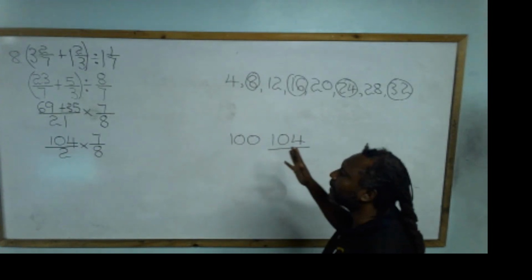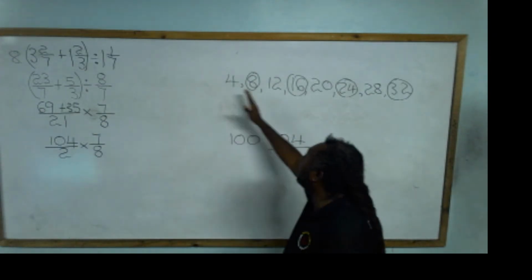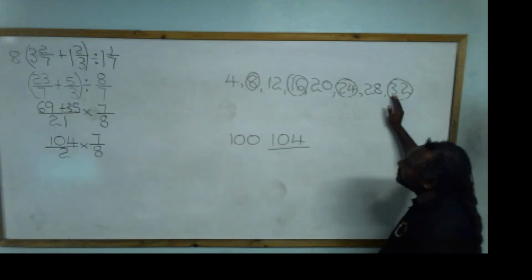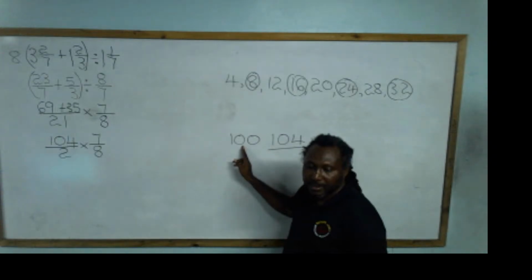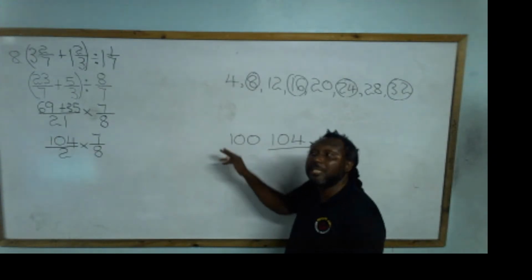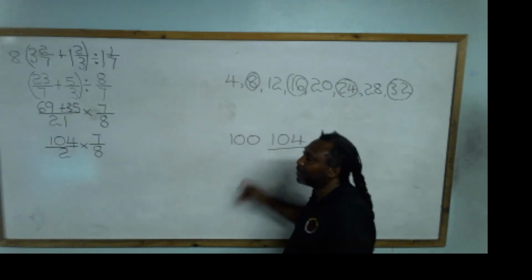So that is how you could figure that 104 is a multiple of 8. Every other multiple of 4 is a multiple of 8. So 100 is a multiple of 4, but it is not a multiple of 8. That means the one that follows after it must be a multiple of 8.